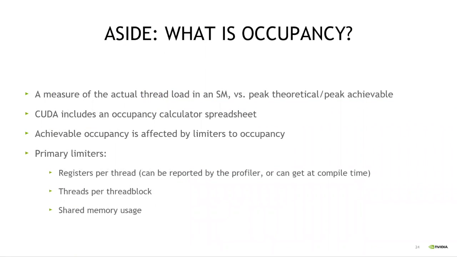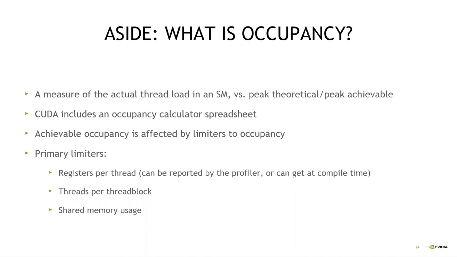I haven't really used the word occupancy too much, but you're going to run into it sooner or later. We will eventually talk about occupancy when we get to the section on analysis-driven optimization. But occupancy is a concept we can readily understand from what we've done so far. Namely, occupancy is a measure of the actual thread load on the SM versus the peak theoretical load.